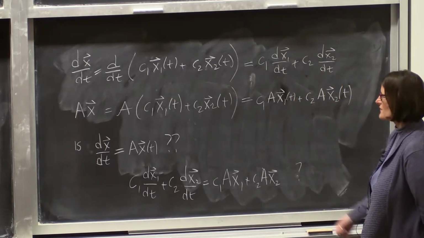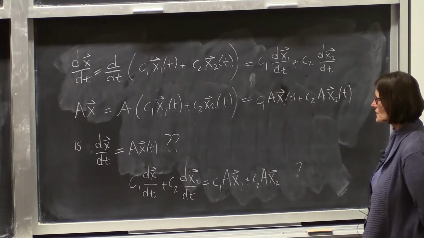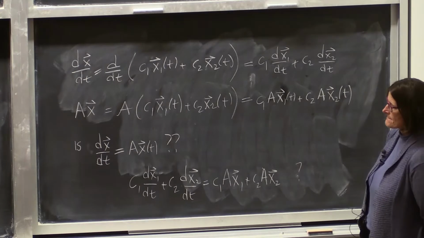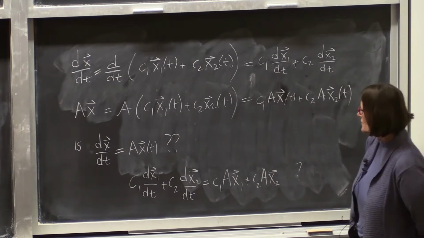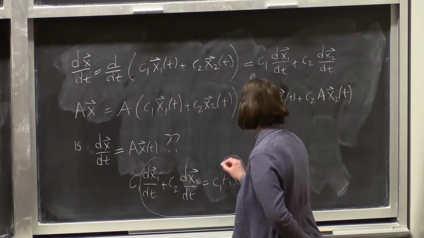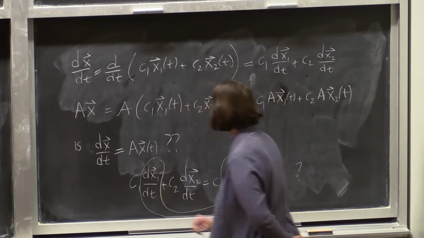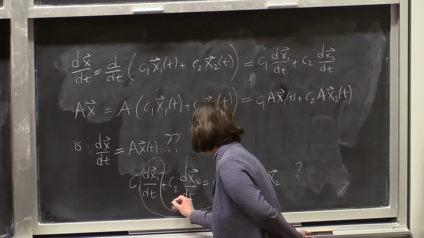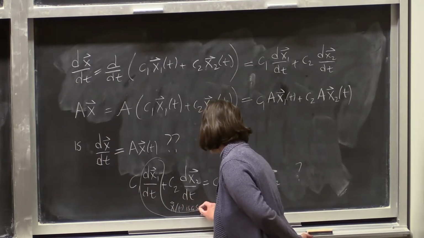If I just have arbitrary functions of time, there's no reason for this to be true. But are x1 and x2 arbitrary functions of time? Or do we know something extra about them? They are solutions. So because they are solutions, I know that dx1/dt equals A times x1, because x1 of t is a solution.